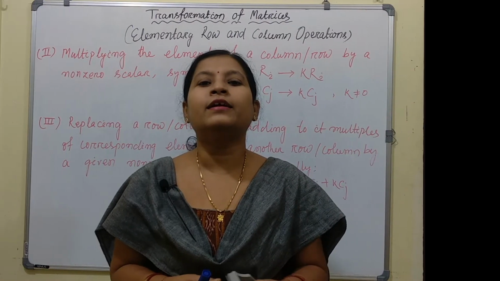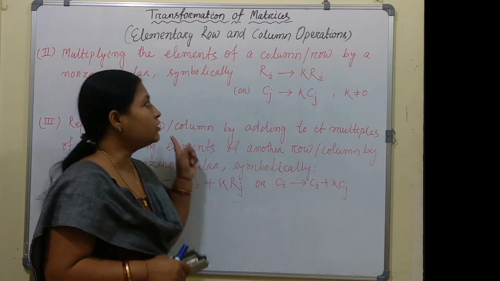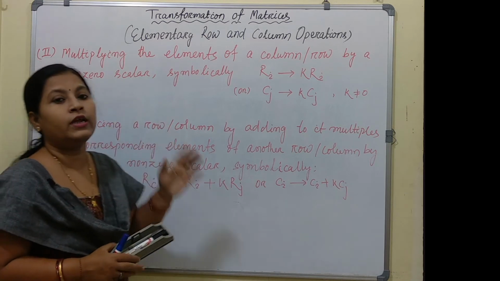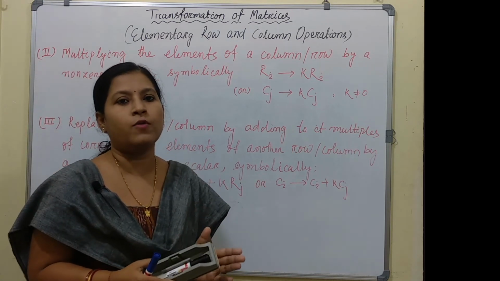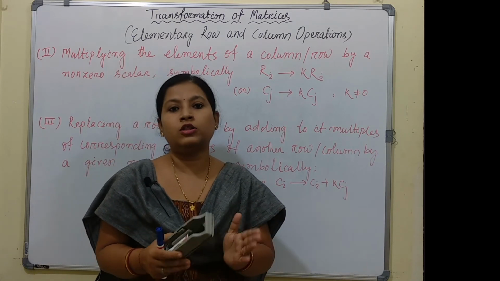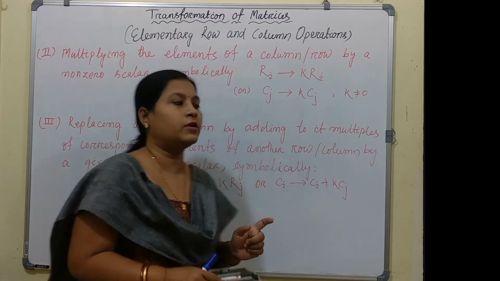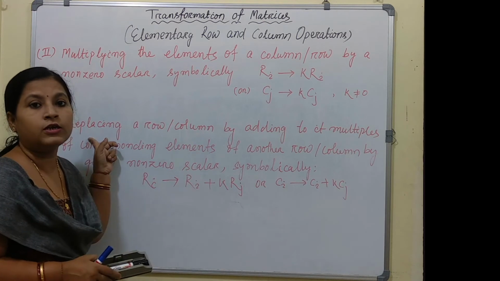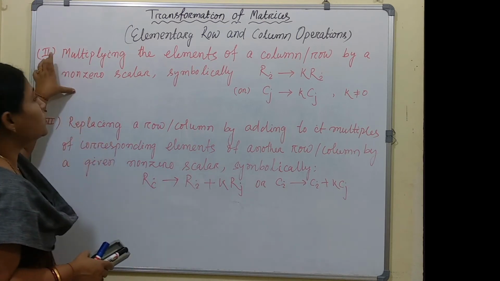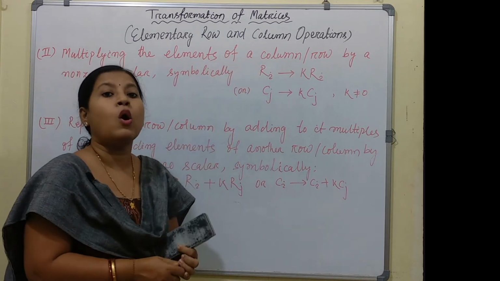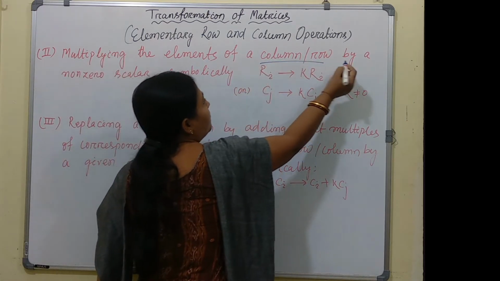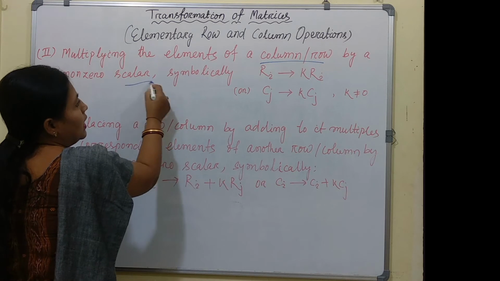Let us start the next operations. Operation 2 includes 2 operations, one for elementary row operation and the other for elementary column operation. Similarly for operation 3. Operation 2 is multiplying the elements of a column or a row by a non-zero scalar.